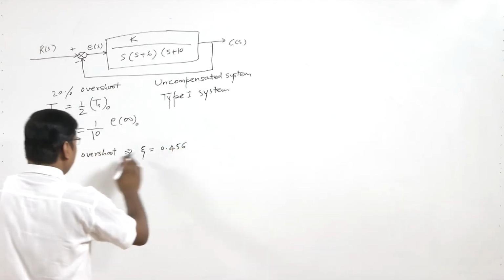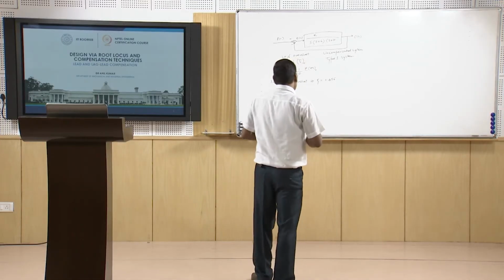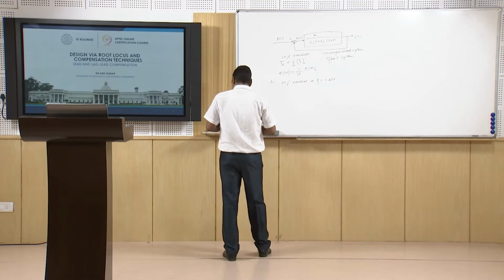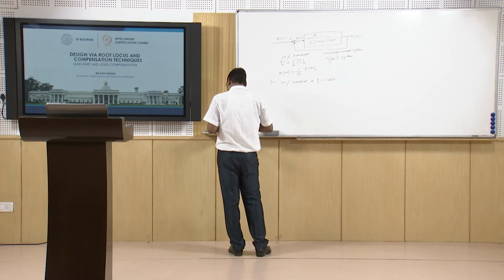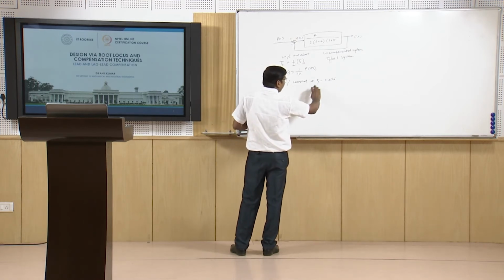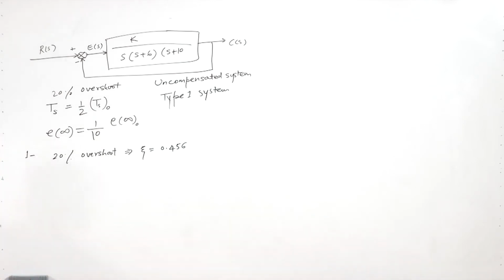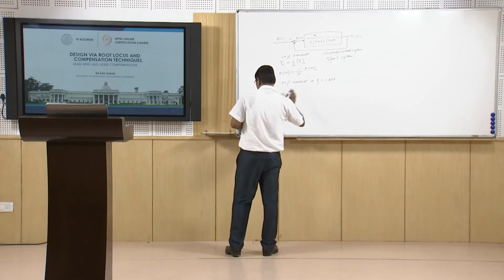We can calculate this because there is a formula between damping and overshoot. The root locus must cut this damping line, then only we will get a point that will satisfy both conditions, that will be on the root locus as well as on this damping line.